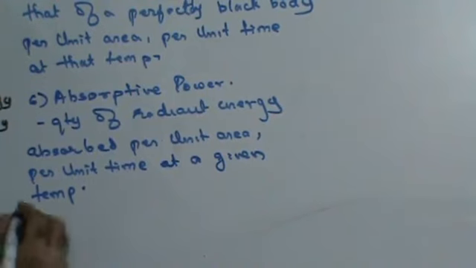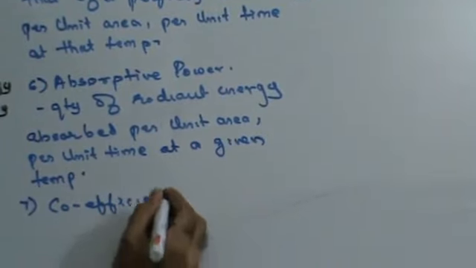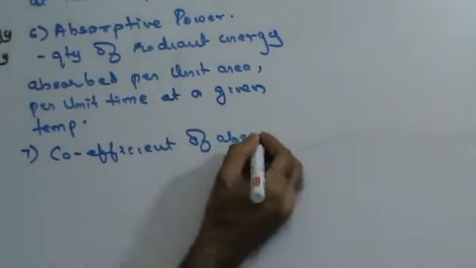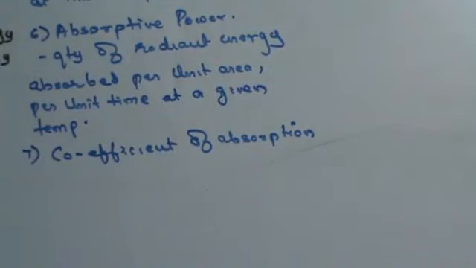Now if you have absorptive power, you will also have coefficient of absorption. Coefficient of absorption is the ratio of heat energy absorbed per unit area per unit time of a body to the amount of heat energy absorbed by a perfectly black body.